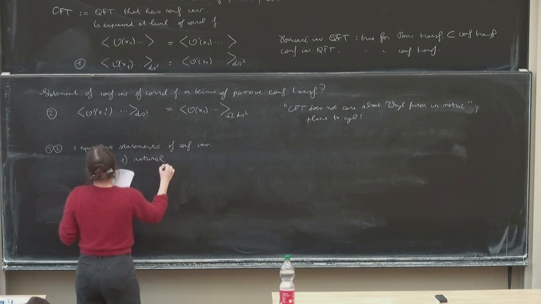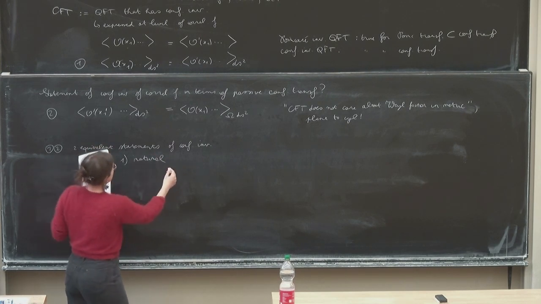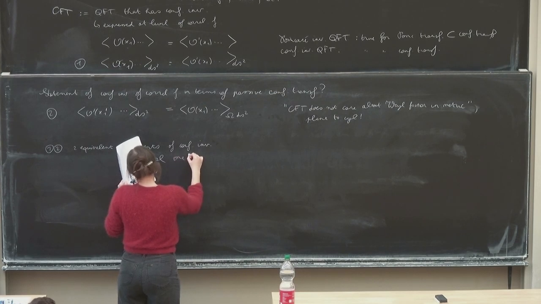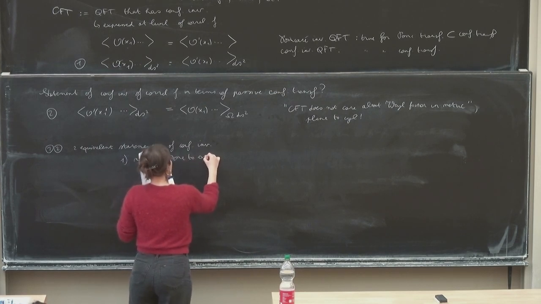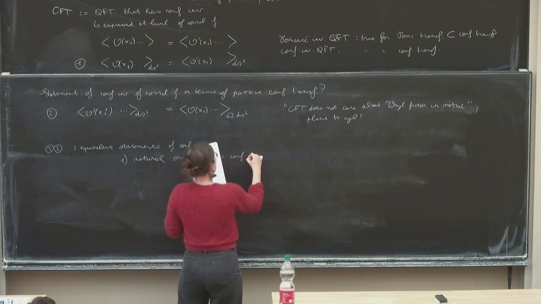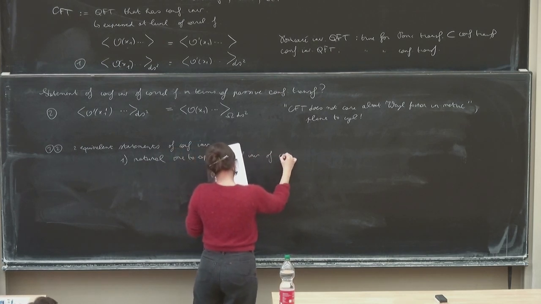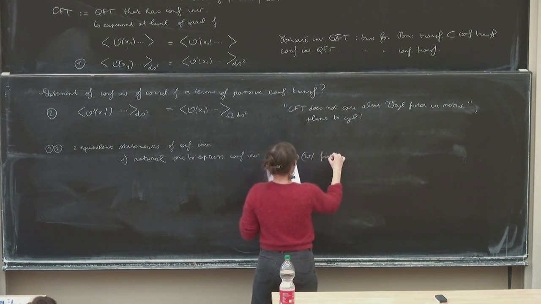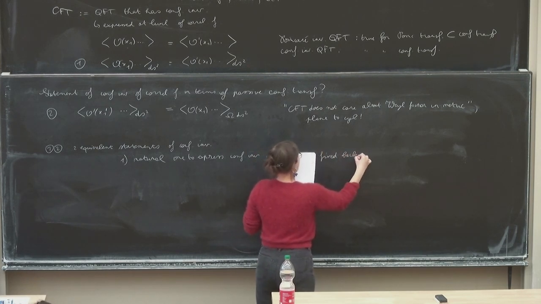So to summarize, we've written down two equivalent statements of conformal invariance. One is the natural one to express conformal invariance of a CFT, which has a fixed background metric.